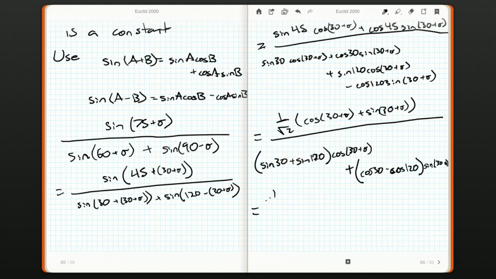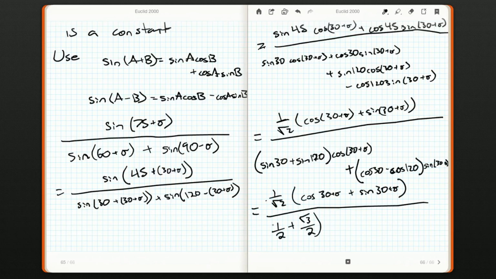So we can still have the 1 over root 2 at the top. But now, sine 30 is one of those angles we should know, it's 1/2. Sine 120, that's another one of those angles we should know, it's root 3 over 2. Okay, and I think this will end up being the same expression.